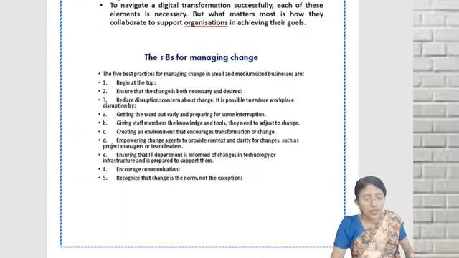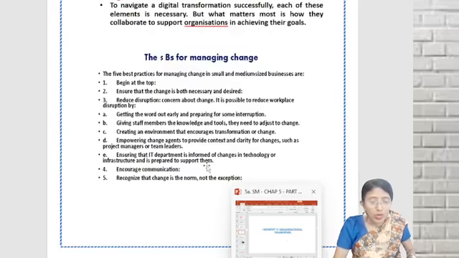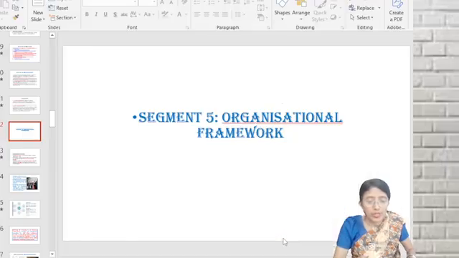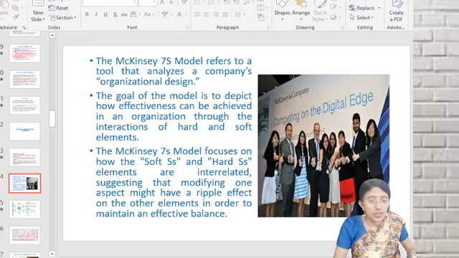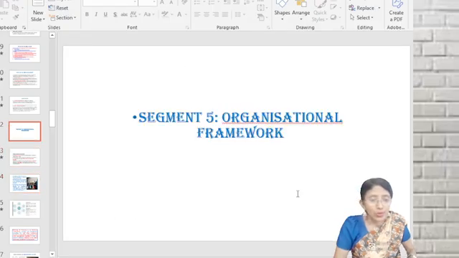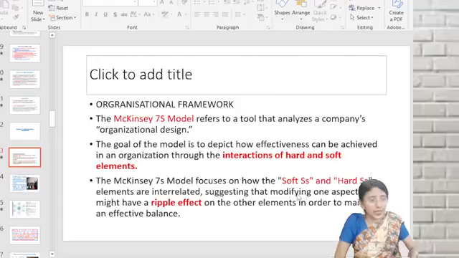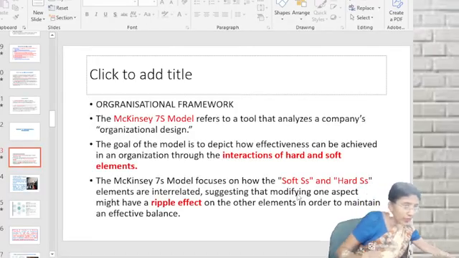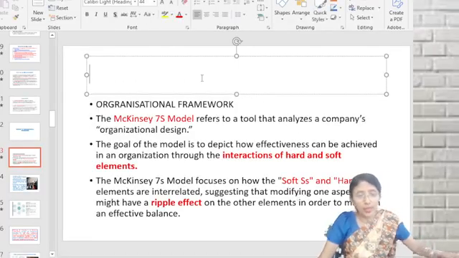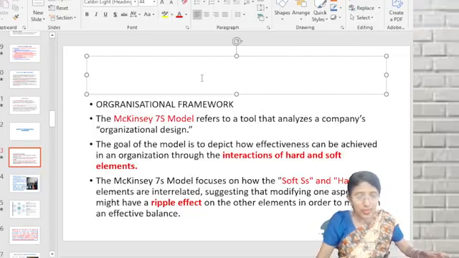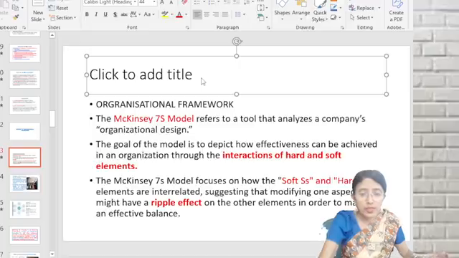The B's are there also. Now we will also go into the chapter organizational framework. Look at this, this is the main part. So long you were seeing something called McKinsey's 7S model. Market important. Right away, market is an important question because in different ways, let it be MCQ or essay type, it's a very important question for the examination. This is right here.